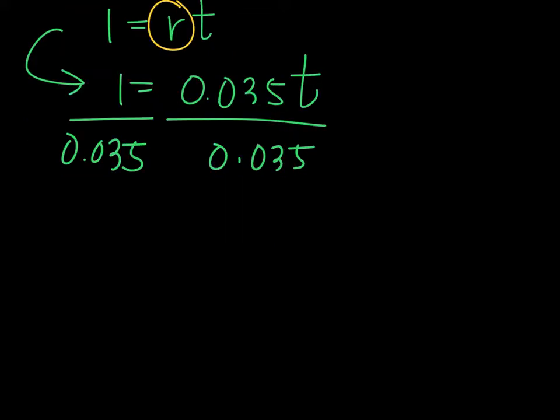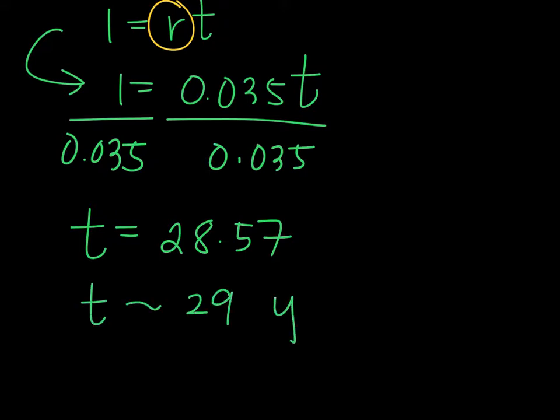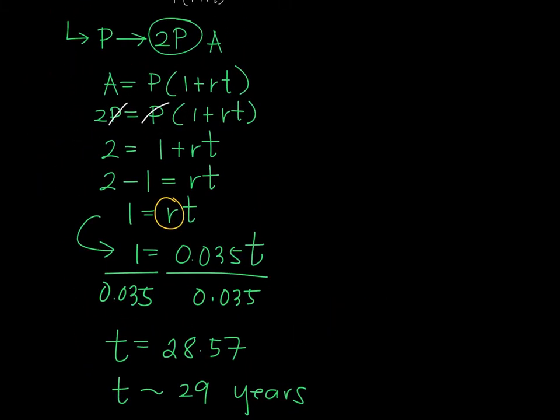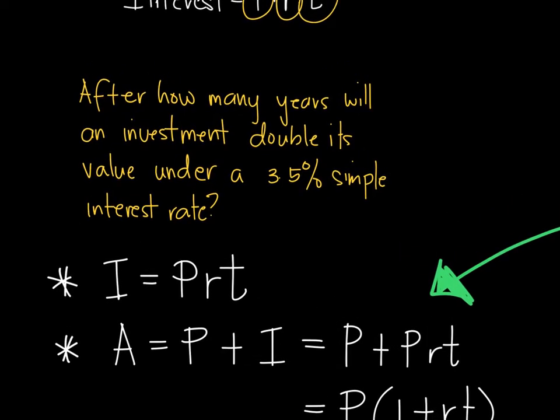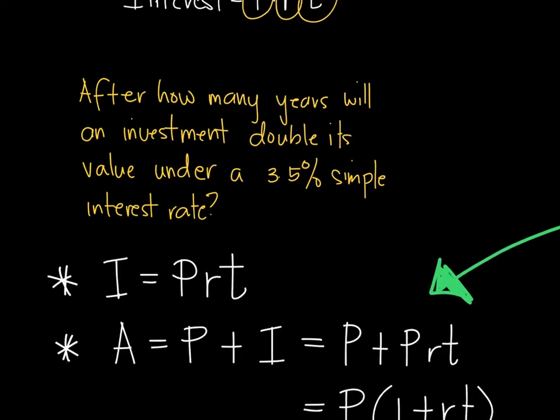T equals 1 divided by 0.035, which is 28.57. So it will take approximately 29 years. That's how long it will take any random value under a 3.5% simple interest rate to double its value.